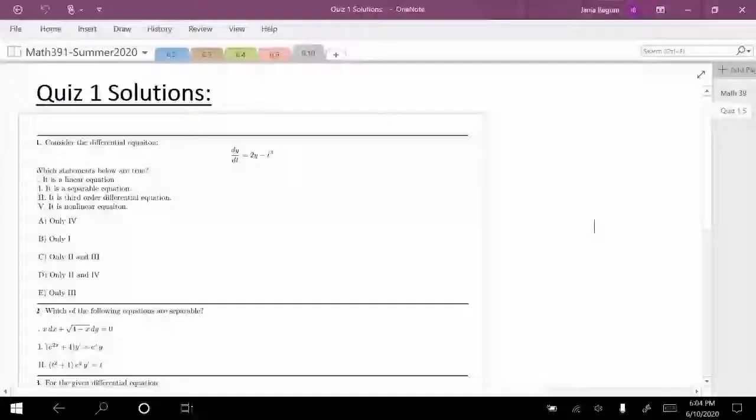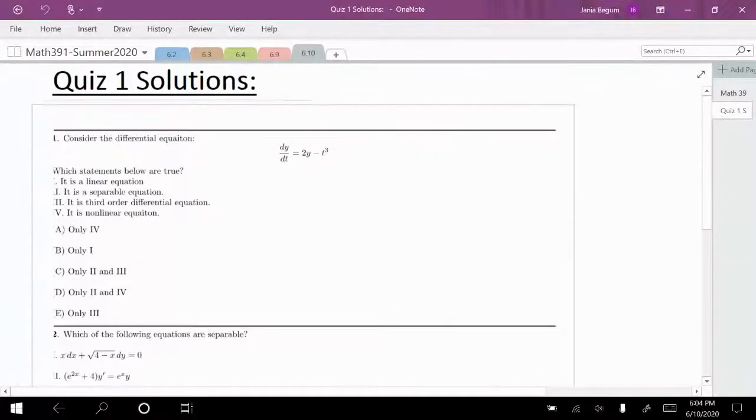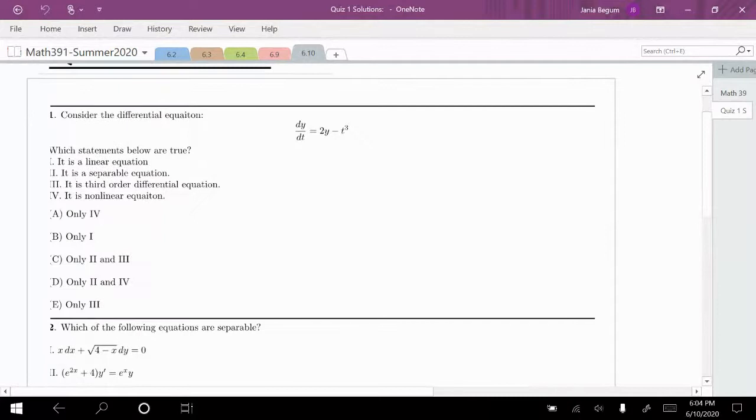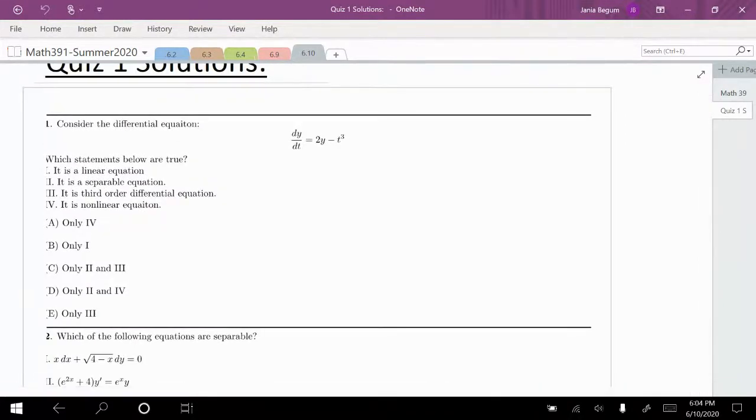For the first problem, it shouldn't take you more than a minute or two, or a minute and a half, because you just have to look at the equation and identify which of the following statements are true. You're not really solving it. So what do you guys think about this differential equation?